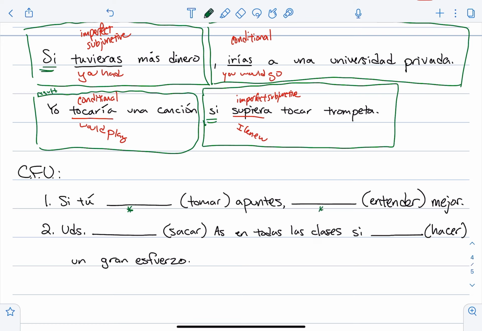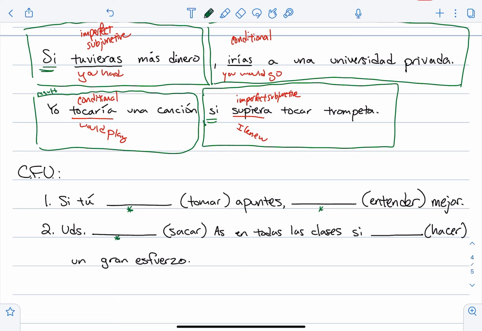Número 2. Ustedes (blank) A's en todas las clases si (blank) un gran esfuerzo. You guys would get A's in all your classes if you made a great effort or a big effort. So here I started with the result.